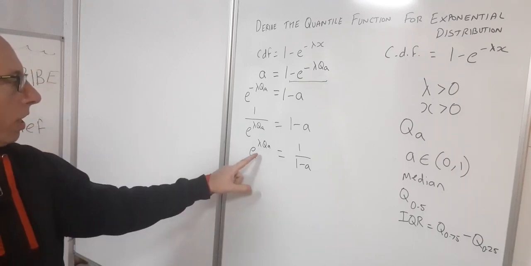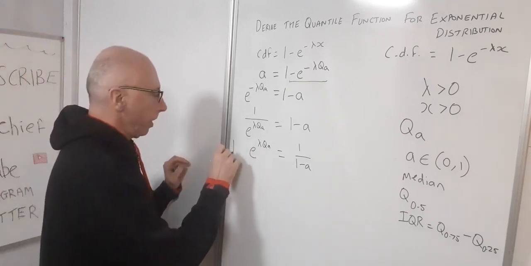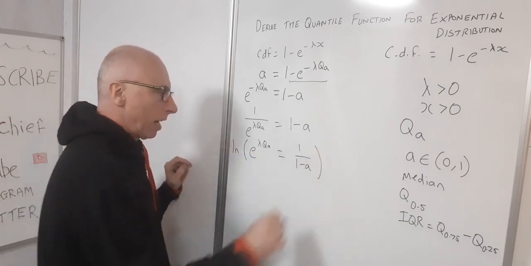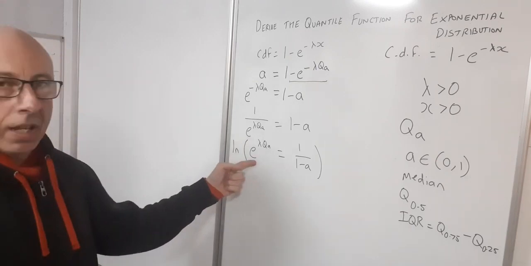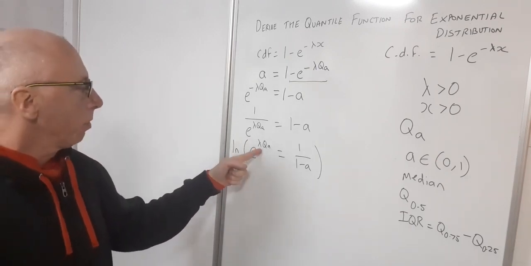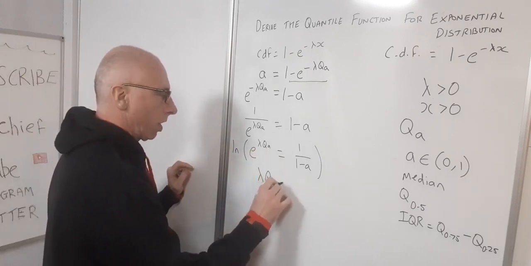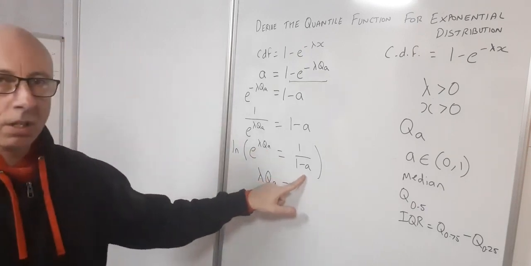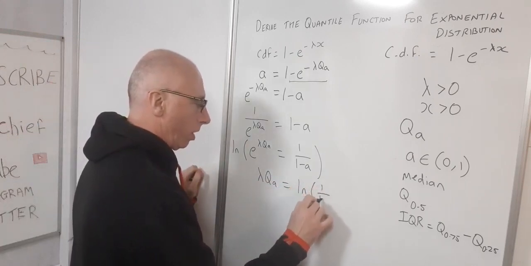And now if we take the log on both sides, we can get this Q of a out of here. The log of the exponential will just cancel out and we'll have lambda Q of a, our quantile, and then we'll have the natural log of 1 over 1 minus a.